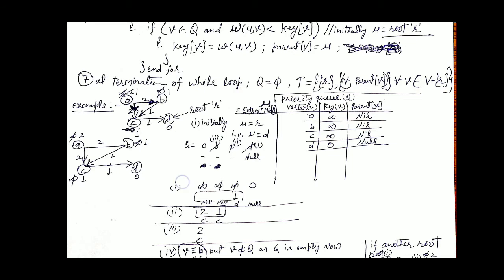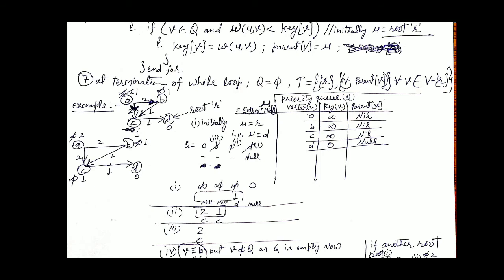Similarly, at the last, we will take the last vertex in the priority queue, which is A, into the variable U, but all its adjacent vertices C and B are not part of the priority queue now because they have been processed.